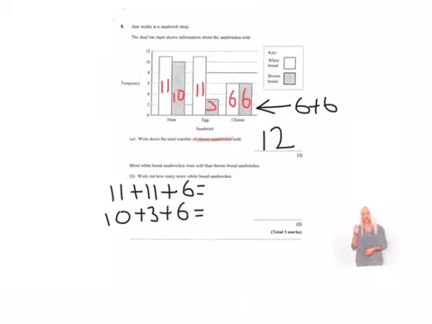So 11 add 11 is 22, add 6 gives me 28, then 10 add 3 add 6 gives me 19. Then I need to work out the difference between these, which is 9. This is one of those questions where people really do make silly mistakes with their adding here, their adding here, and even the taking away here. So 28 take away 19 is 9.